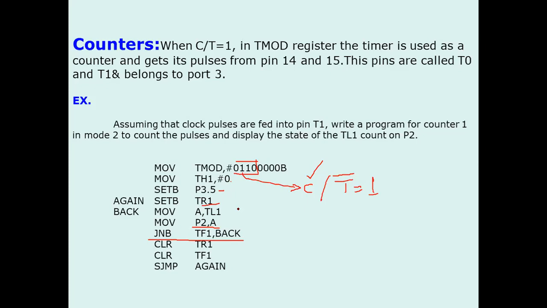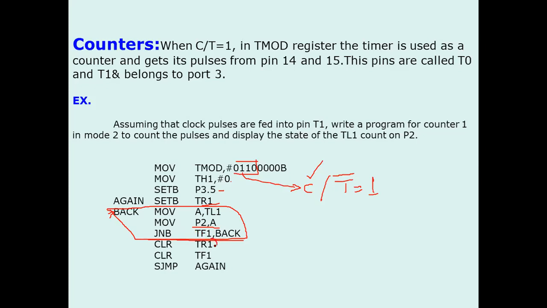Unless it is set to 1, the counting is not completed, so it goes back to this location, and this loop continues until TF1 is set.